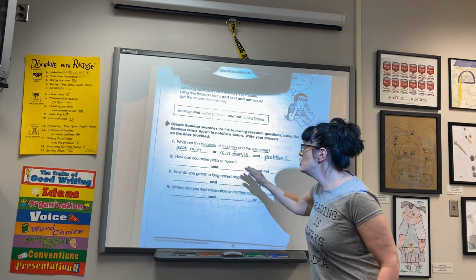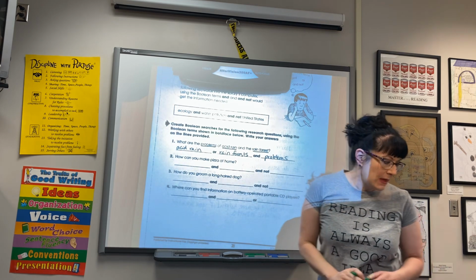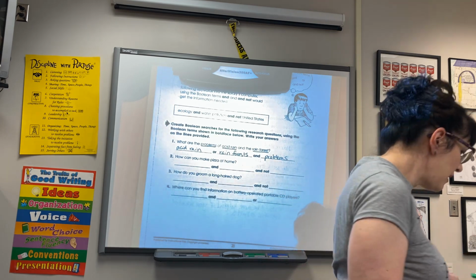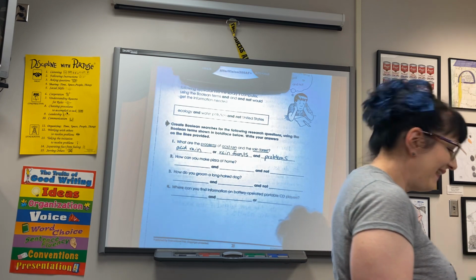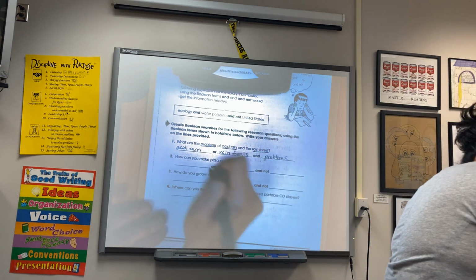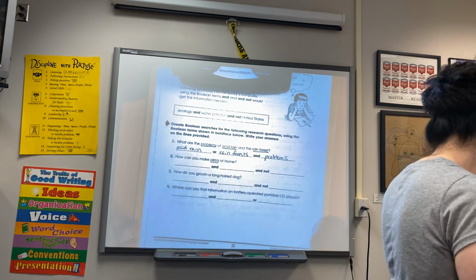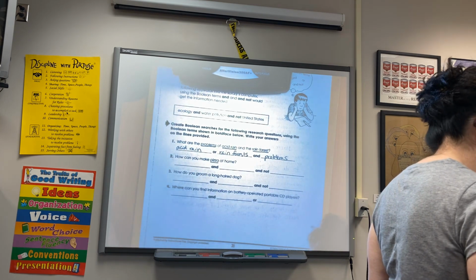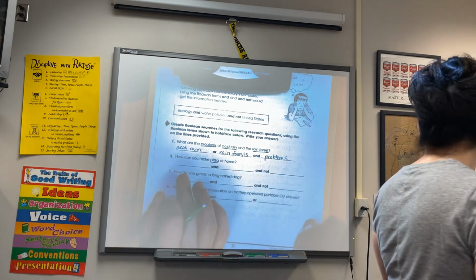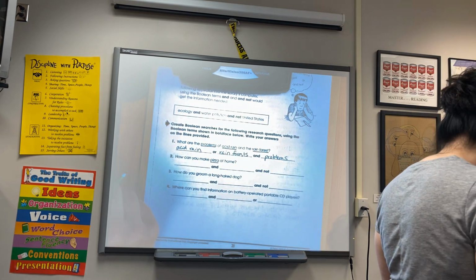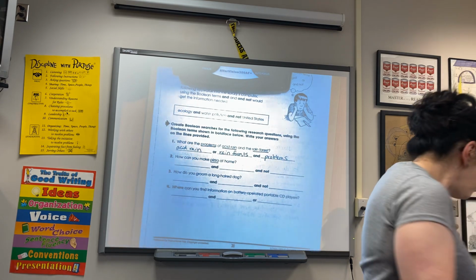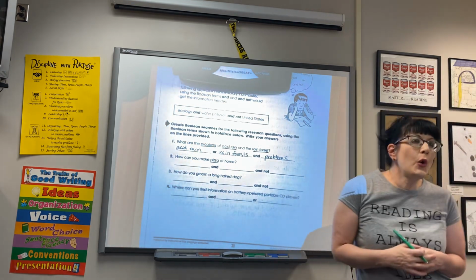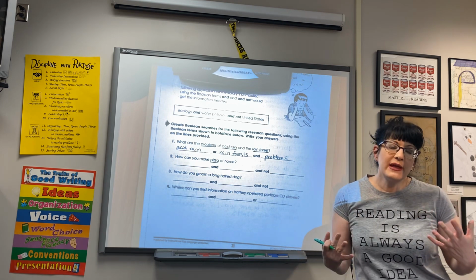So how can you make pizza at home? This is a little harder. We're definitely going to be talking about pizza, but there are 2 things that are not listed in our Boolean searches. When you make pizza at home, what are you looking at?